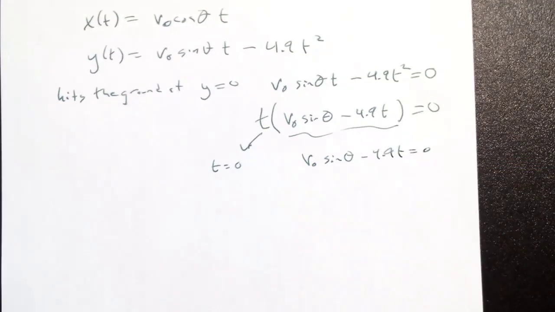So let's solve for t there. And I agree, this is starting to get nasty because it's all in variables. We don't actually need numbers here. I just need to figure out what time this is in terms of my starting velocity and my starting angle.